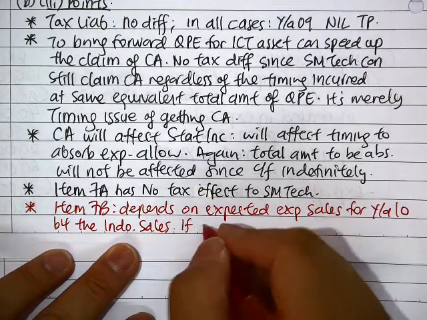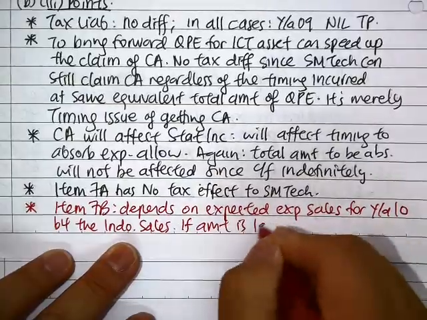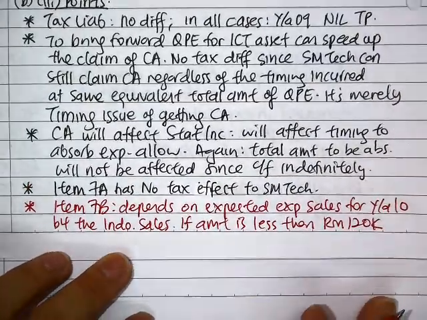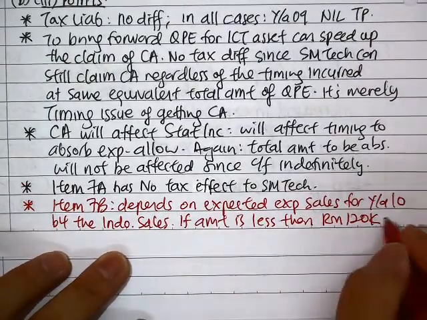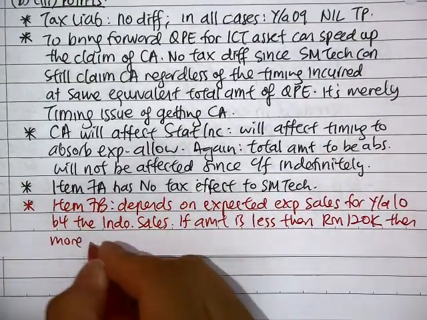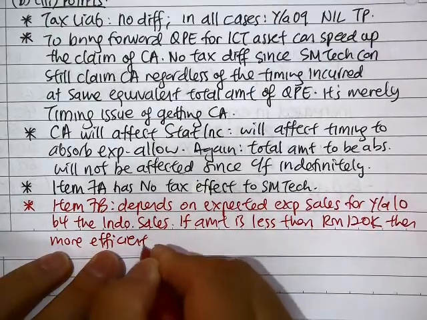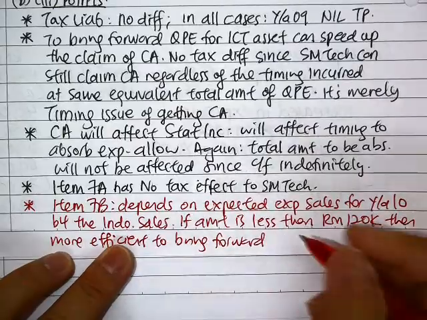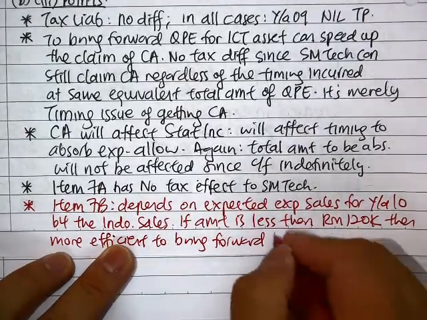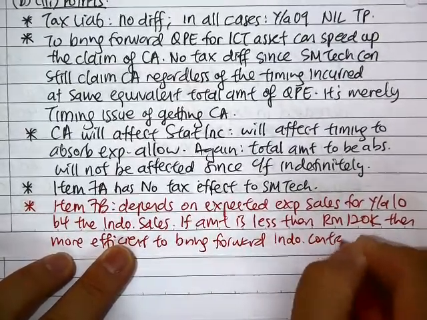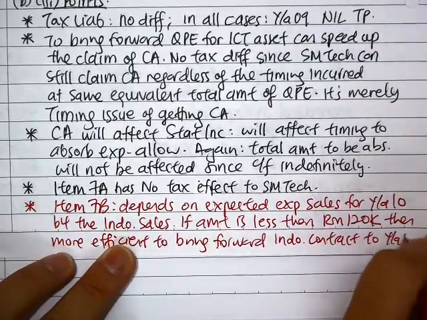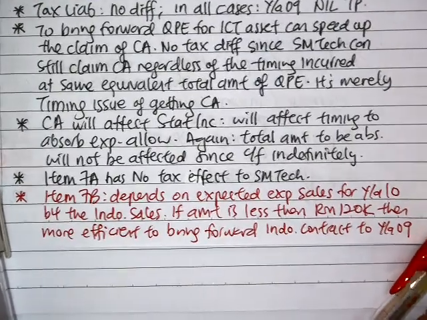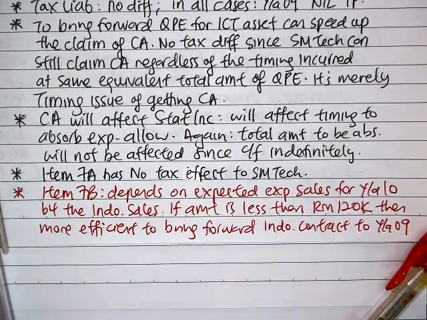See, if the amount is less than 120, then it's actually more efficient to bring forward the Indonesian contract to 09. Okay, that's all on the point.